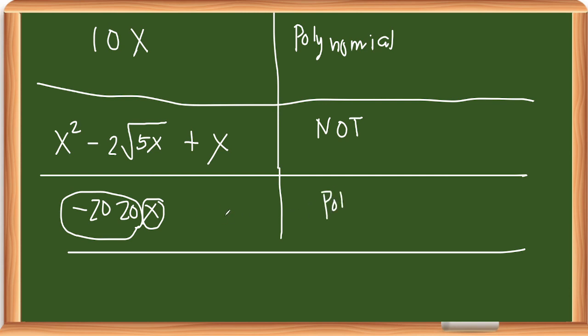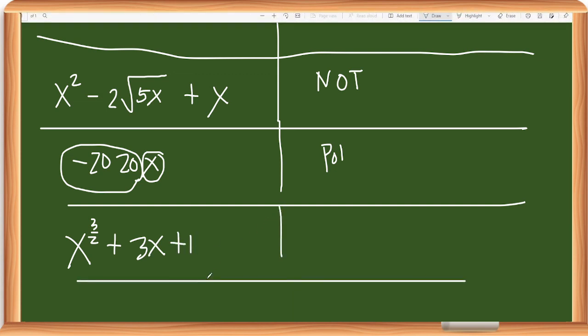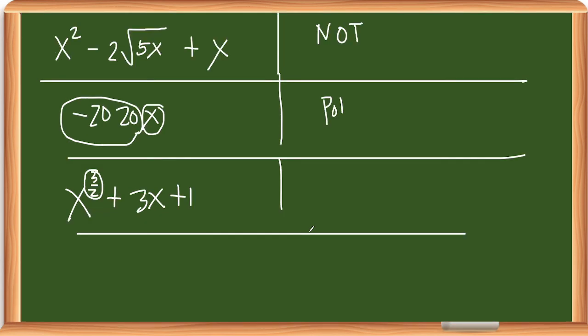Okay. If, for example, we have x raised to 3 over 2 plus 3x plus 1. Okay, so as you can see, this exponent is a fraction. Therefore, we cannot consider this as a polynomial expression.